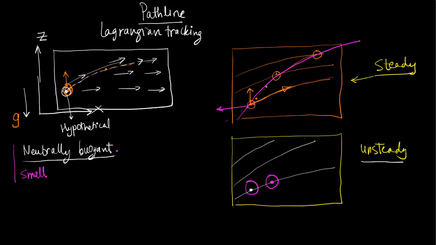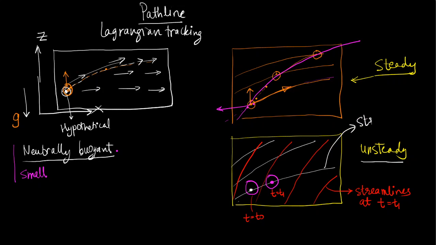Let me draw it with a red color. So at the next time instant, the red color shows the streamlines at the snapshot at t equal to t1. So this is the particle at t equal to t1. This is the particle at t equal to t naught. The white is the streamlines at t equal to t naught.